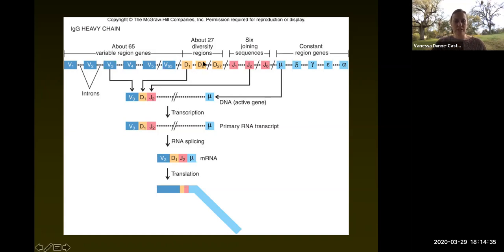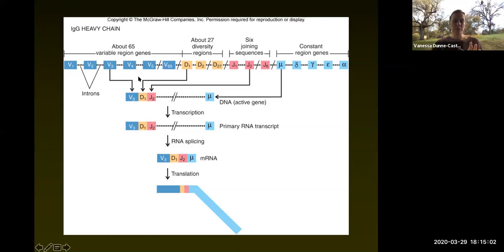Then one D region gene; there are about 27 different diversity region gene segments, so one of those will be chosen. There are 6 joining sequences, and then there are, of course, those 5 constant region genes: mu for M, delta for D, gamma for G, epsilon for E, and alpha for A. Focus on these ones up here.